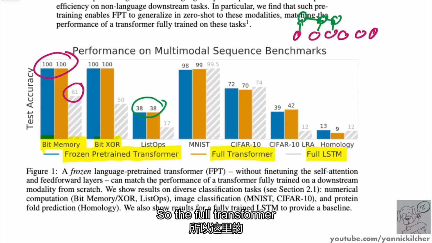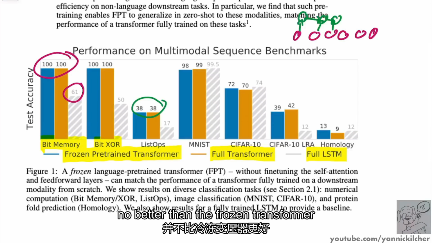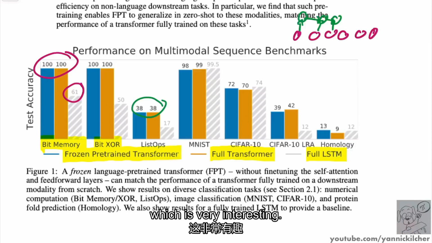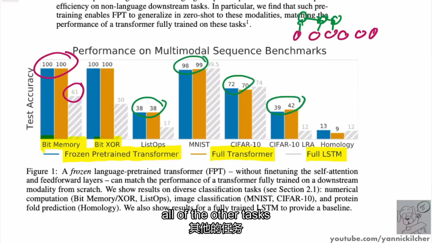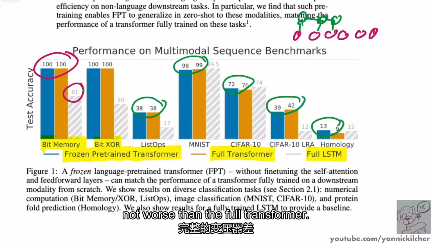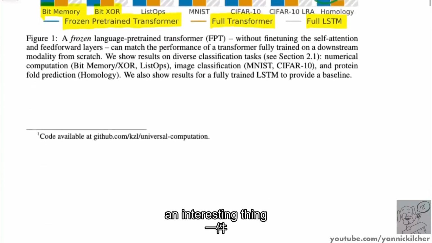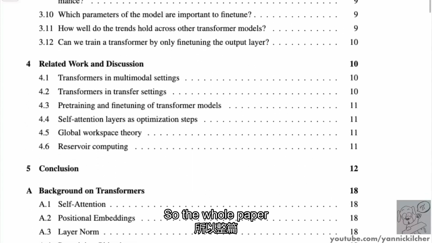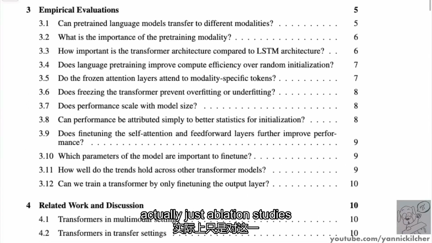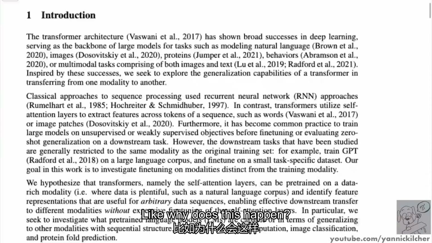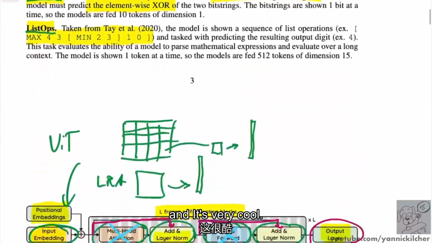So the full transformer here is no better than the frozen transformer, which is very interesting. If you look at MNIST and CIFAR10, actually all of the other tasks, you'll see that the frozen transformer is not worse than the full transformer. In fact, it's sometimes better. And that is going to be an interesting thing also to look at. So the whole paper is actually just ablation studies into this phenomenon, like why does this happen? And it's very cool.